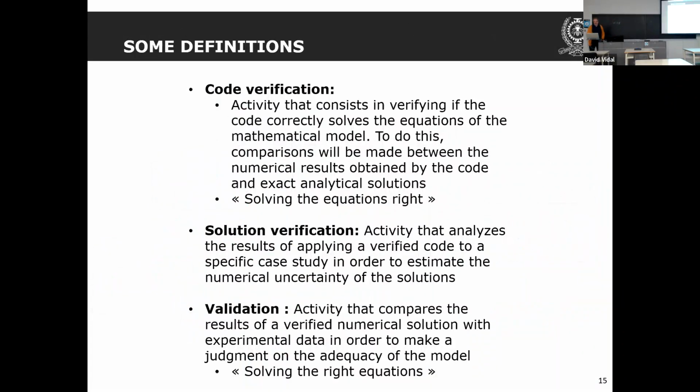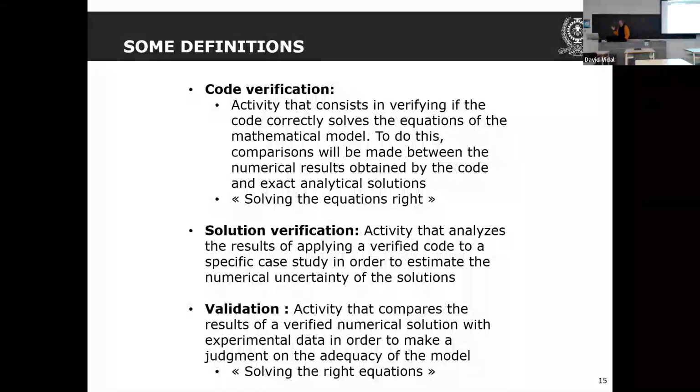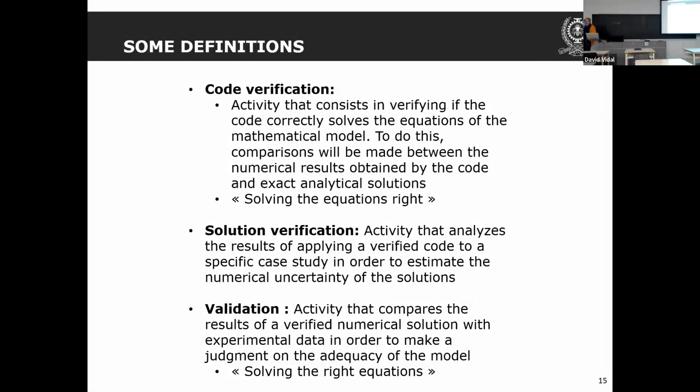So this slide is basically the same here in words, and these are definitions. But let me underline two important things. Often we talk about verification and validation, but actually there are two steps in the verification step. We have first the code verification, which is aiming at finding if you have bugs in your code. Most of the time, you will do a grid independent study or convergence analysis.